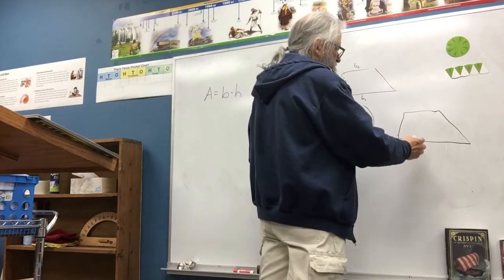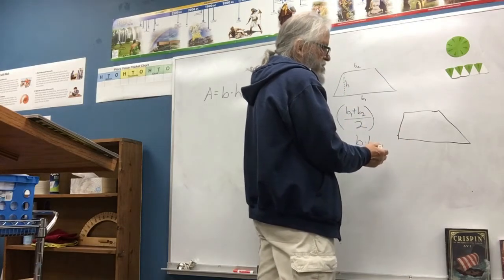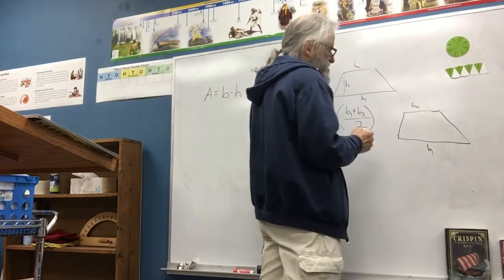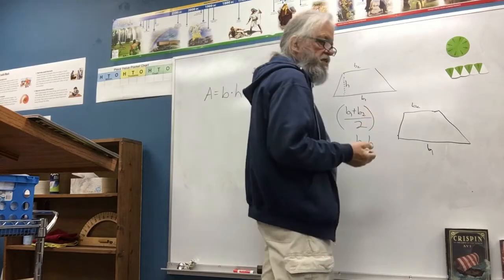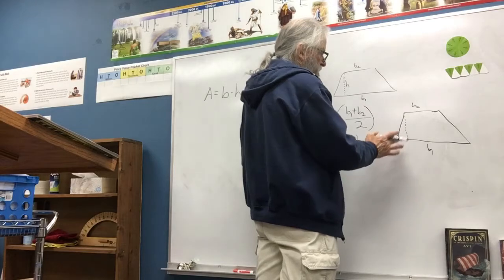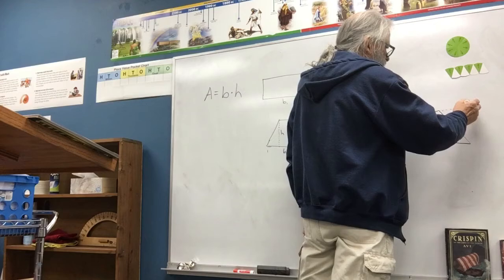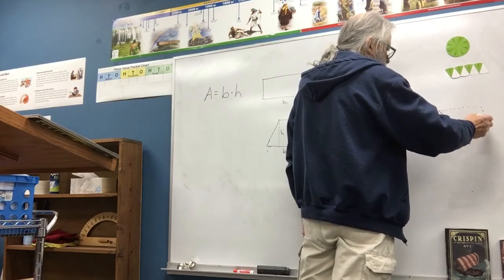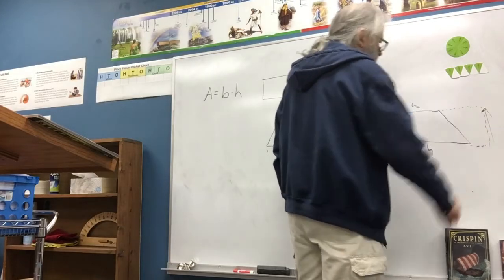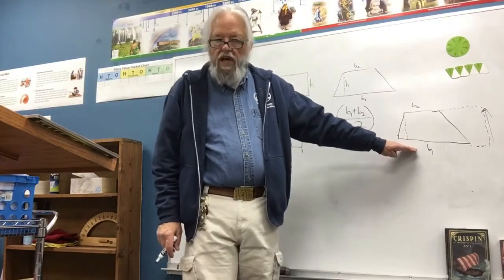So it's still the average of this base and this base, but there's a couple of different ways you could think about the height. You could do the height like this, like we've been doing, or you could put an imaginary line like that and take the height from there. So it really doesn't matter. You can still do it like this, okay?